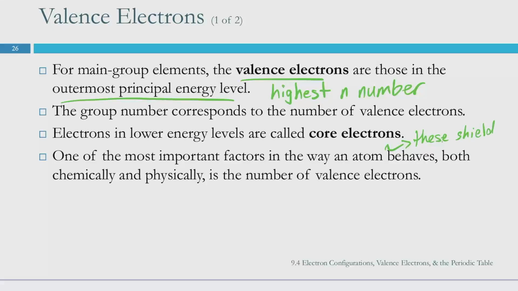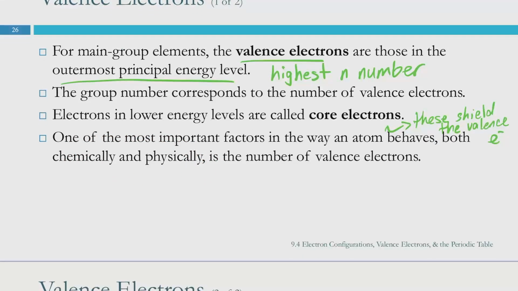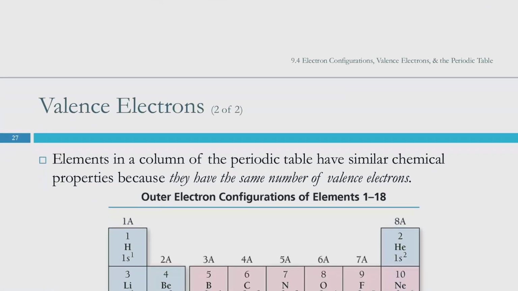So these shield the valence electrons. And valence electrons, it turns out, play a very big role in the way that atoms behave chemically as well as physically.